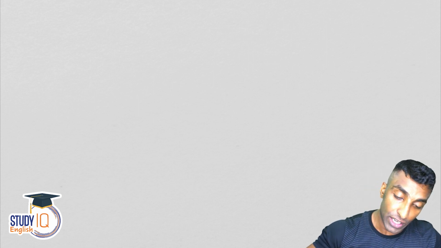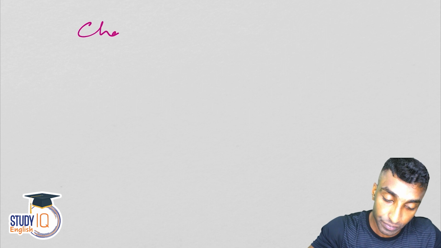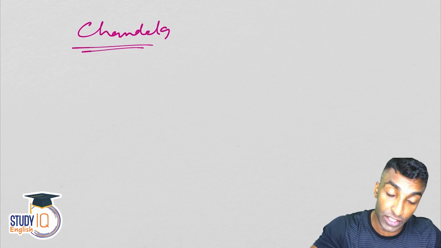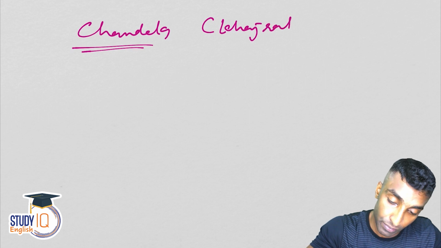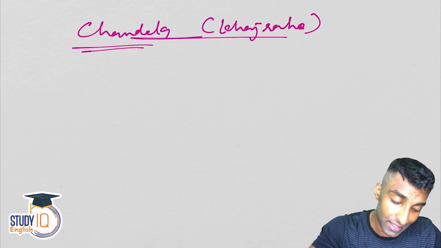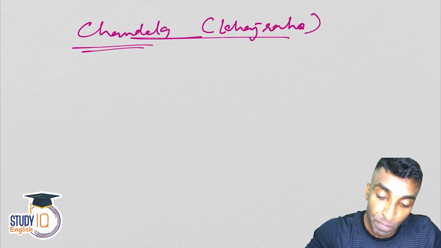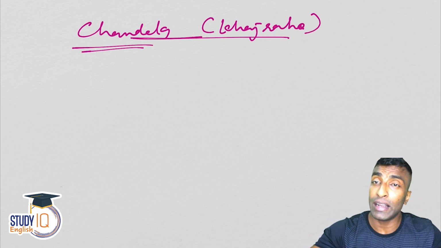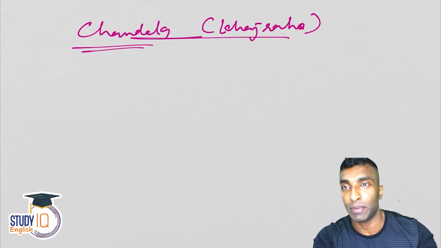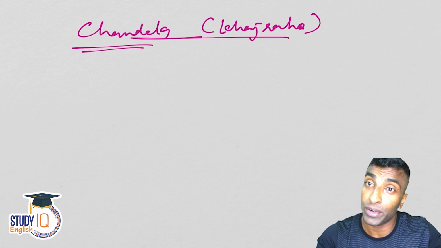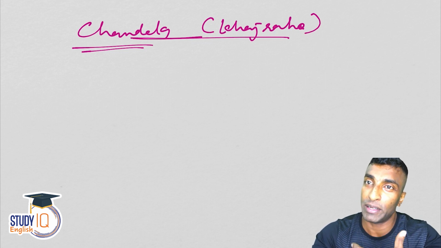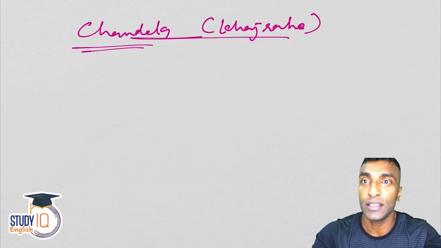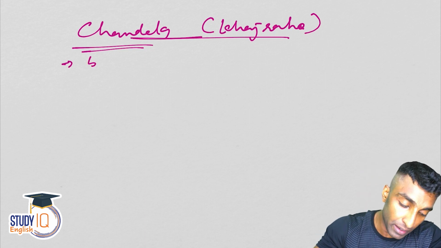Now the Chandela style, Khajuraho. How you pronounce it, I don't know. Why is it the Chandela style? It was patronized by the Chandela rulers. When I say patronized, it means it was protected, cared for, or funded by the Chandela rulers.